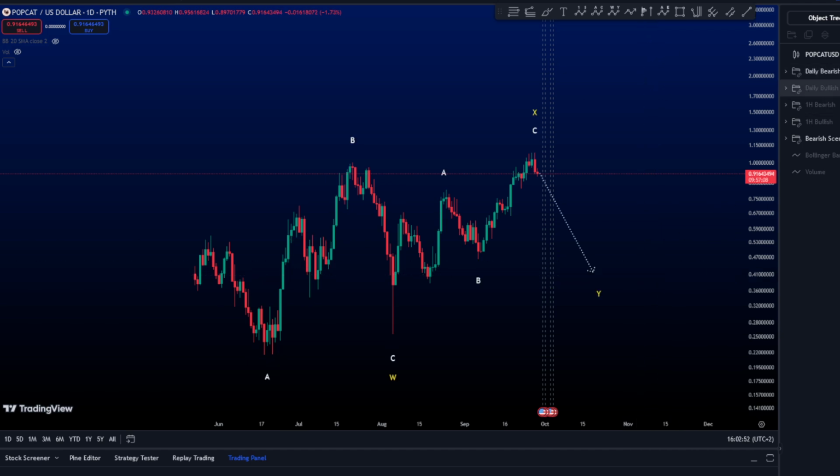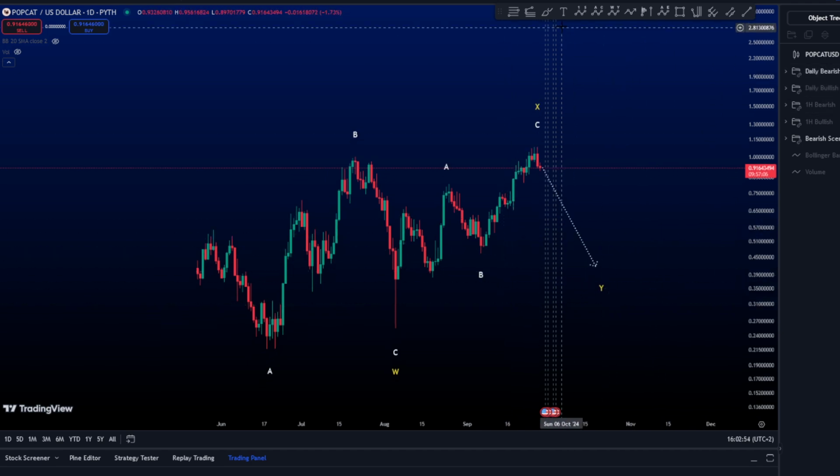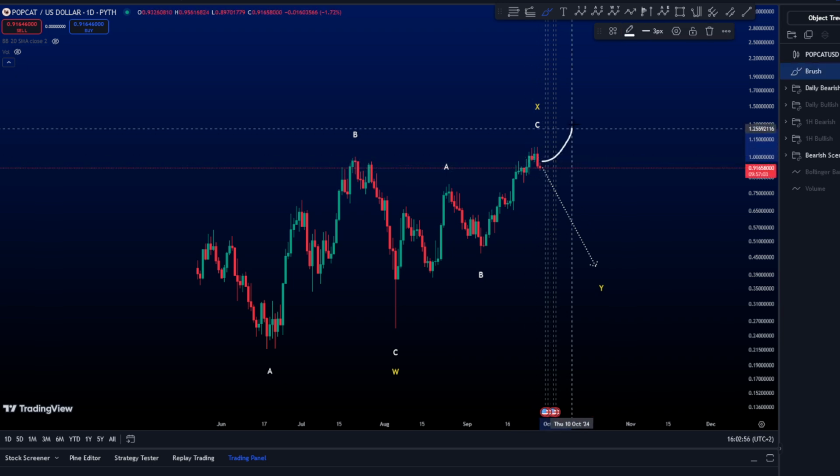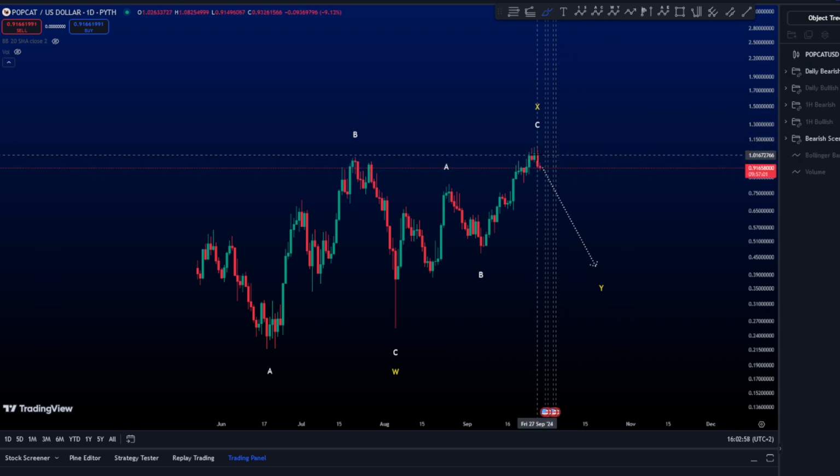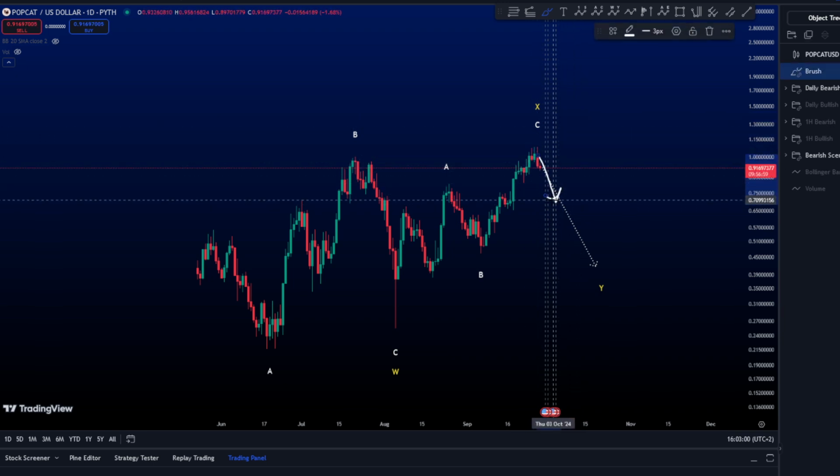While in your bearish scenario, you don't want to see a continuation towards the upside, rather a reversal towards the downside.